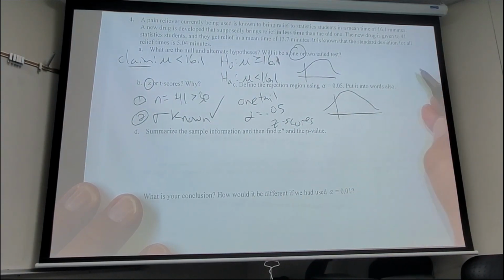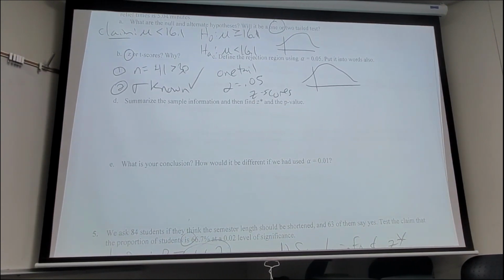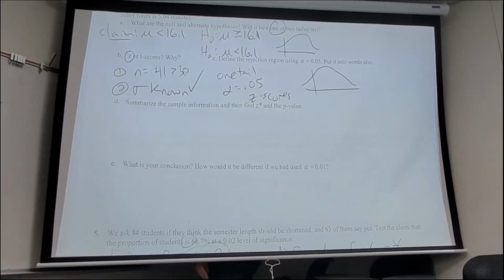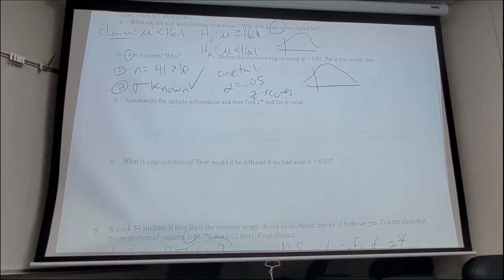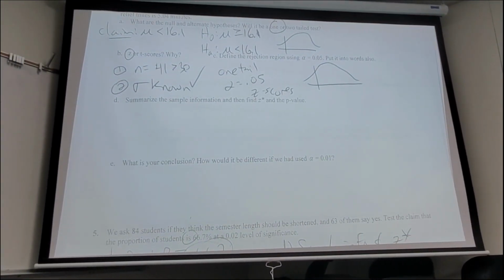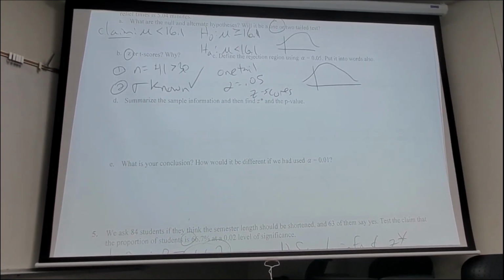You guys find the appropriate z-score for this. 0.05, one tail, z-score. Anybody? 1.65. Almost.